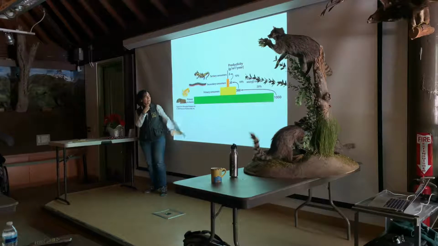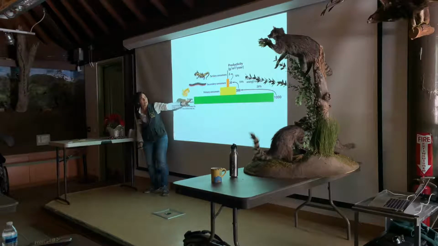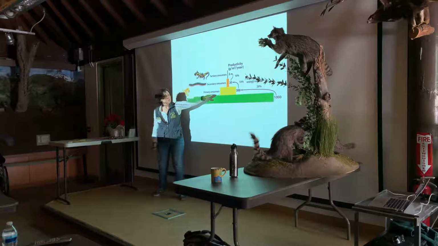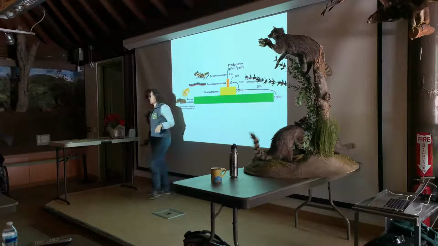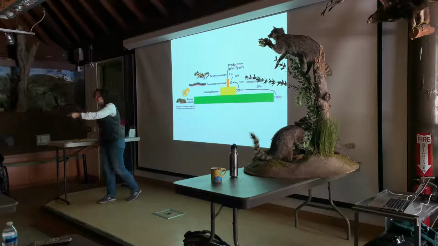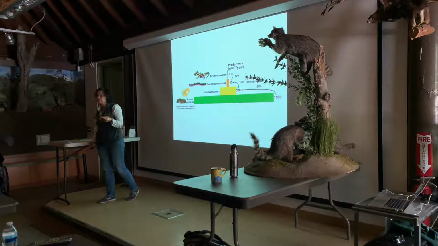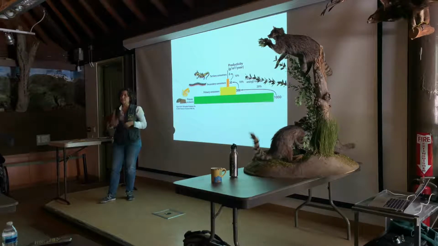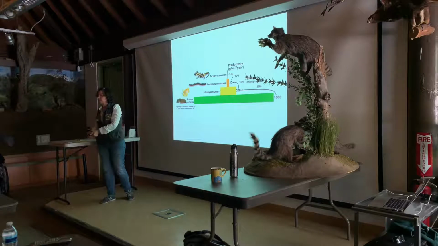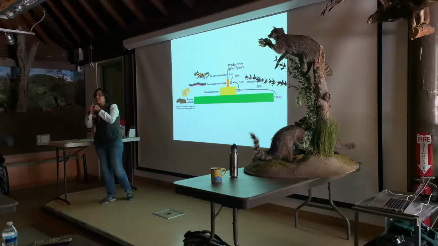Okay. There are always more producers than everything else, and there is some inefficiency in the transfer from one step to another, right? It's like 10 or 20% of the energy that's in a plant gets embodied in the herbivore. And then it's 10 or 20% of the herbivore's energy that gets embodied in the next level.